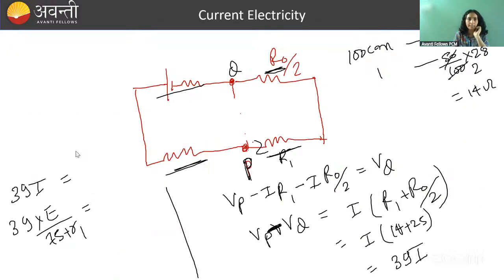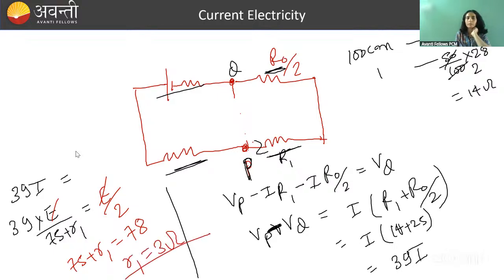Values are not given right, that was E by 2, so E will get cancelled and 75 plus R1 is equal to 78, so R1 is equal to 3 ohm। ठीक है, everyone clear?